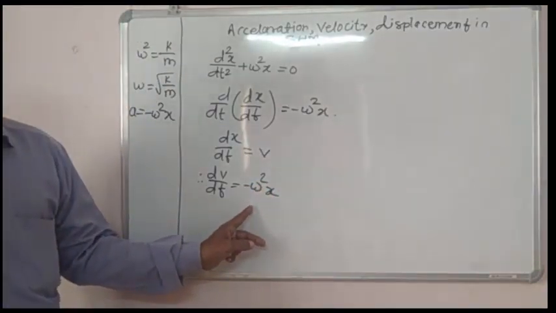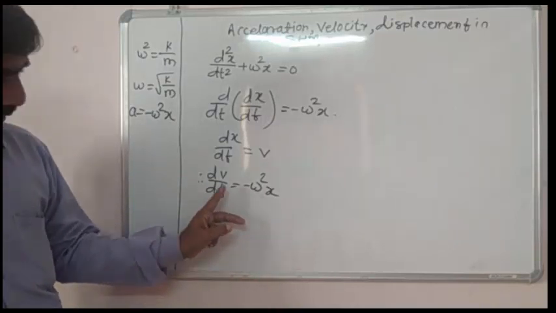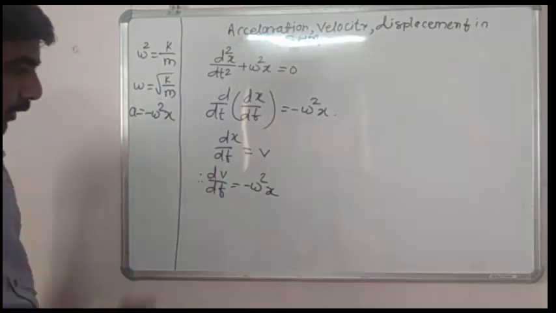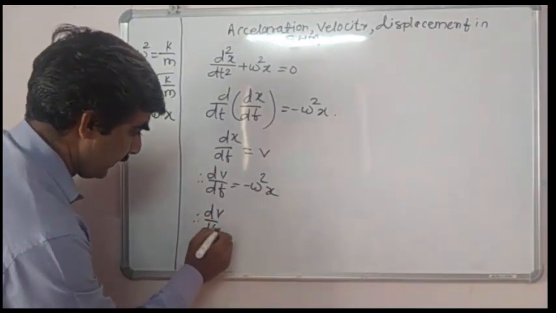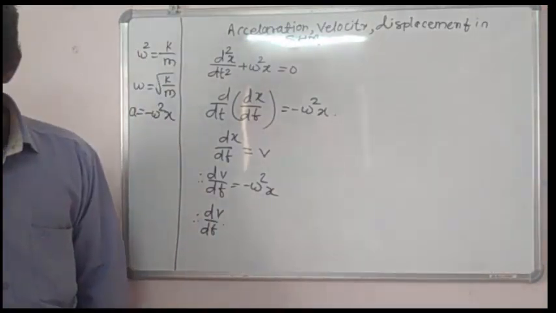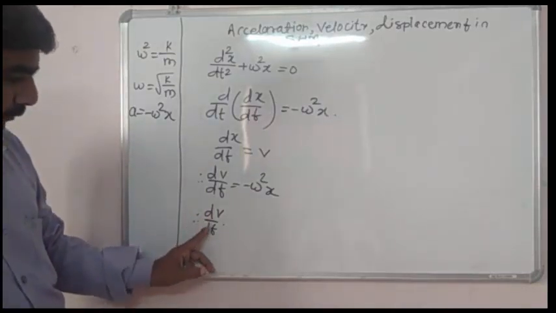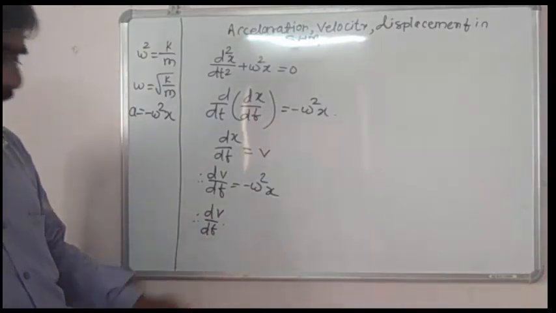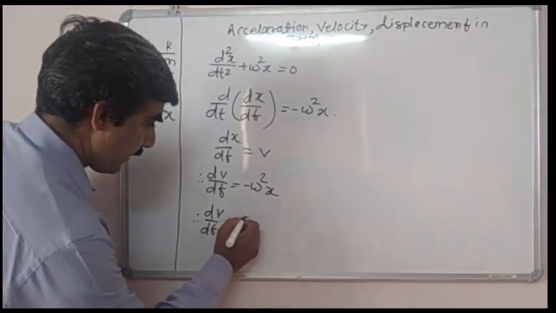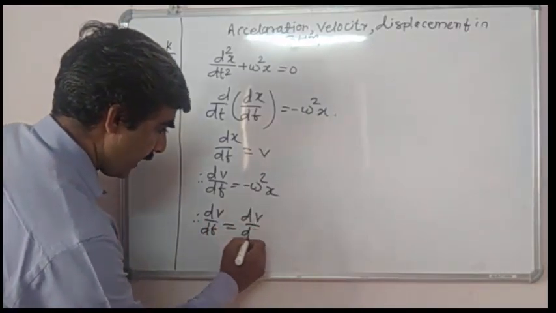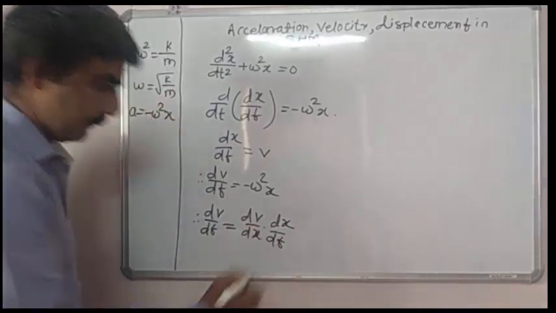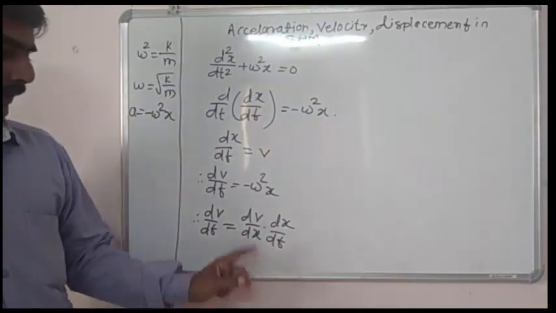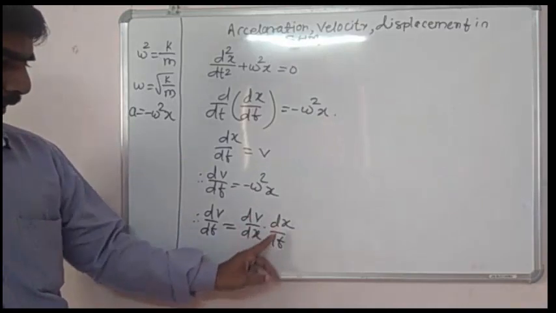Now just modify this equation like this. dv by dt, this is the rate of change of velocity. We can write this as dv by dx into dx by dt.